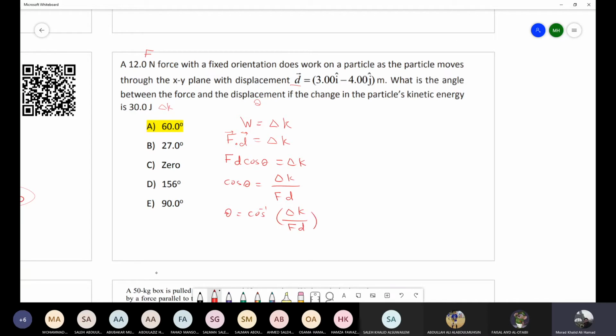Here we have d as a vector, but d here should be a magnitude. So the magnitude of d is equal to the square root of 3 squared plus minus 4 squared. If you calculate this, it will give you 5. So just substitute. This will be cosine inverse of delta K, which is given as 30 joule, divided by F, which is 12 times 5. 30 over 60 is half. So theta should be equal to 60 degrees. Clear? Okay.